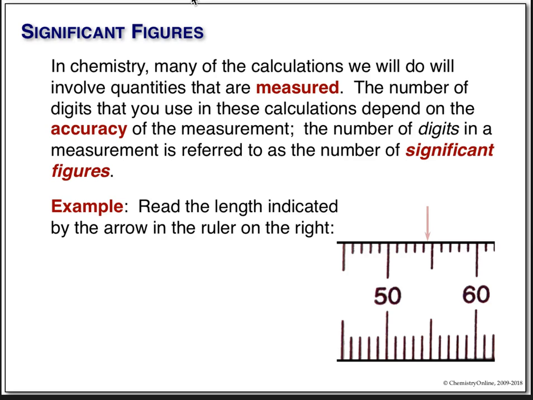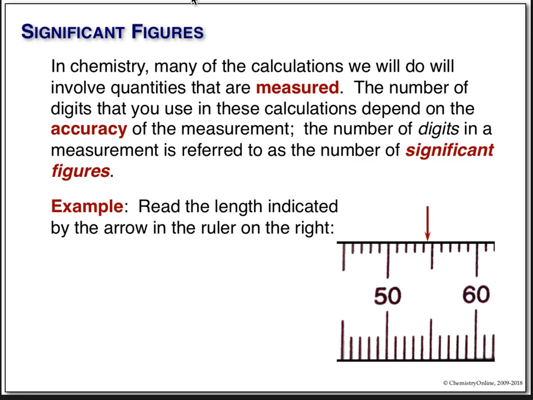Let's say we have a ruler and an arrow, and you are measuring up to this arrow. You look at it and you say what? Well, okay, that's 50, 51, 2, 3, 4. It's at least 54. We're sure of that. And where is the arrow?